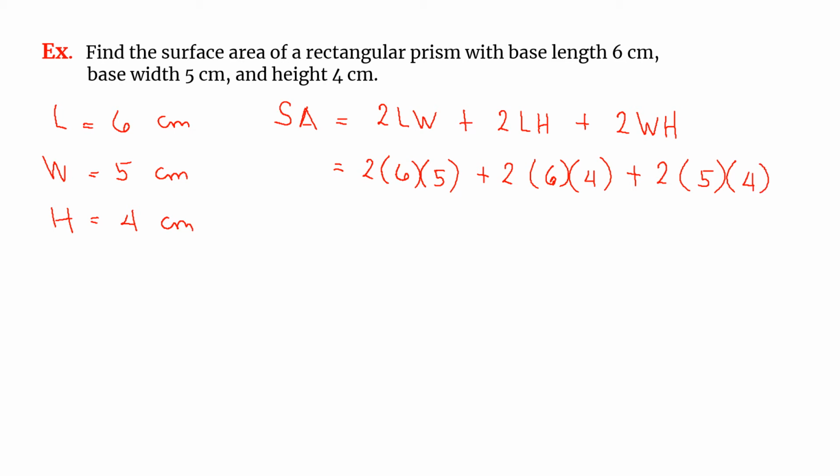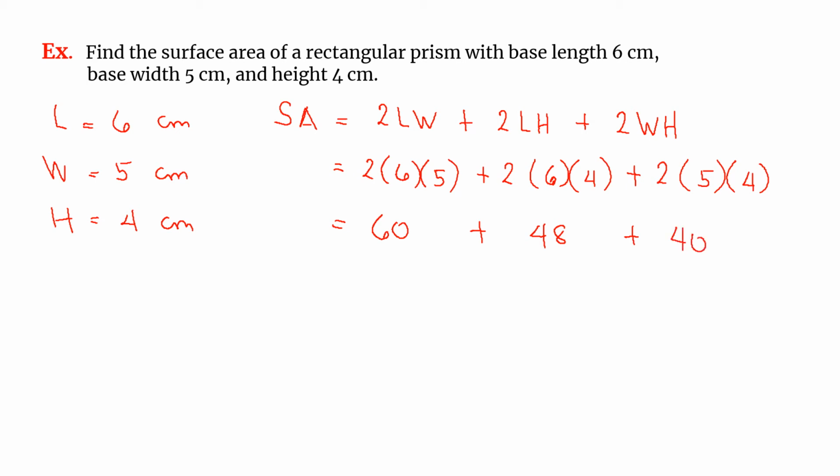Okay, let us solve. 2 times 6 is 12 times 5. The answer is 60. Tama? Or 6 times 5 is 30 times 2. The answer is 60. And then plus 2 times 6 is 12 times 4. The answer is 48. Or 6 times 4 is 24 times 2. The answer is 48. Then plus 2 times 5 is 10 times 4 is 40.